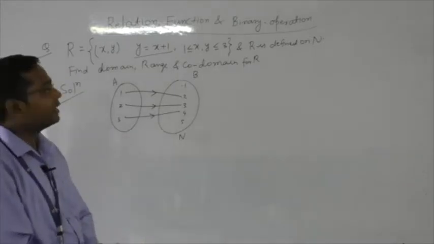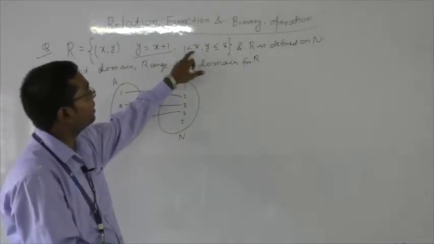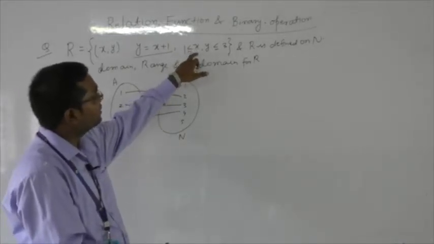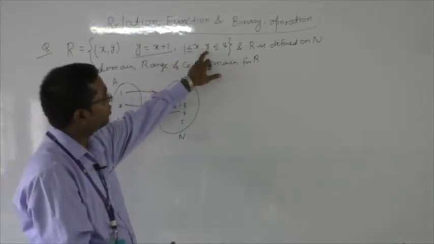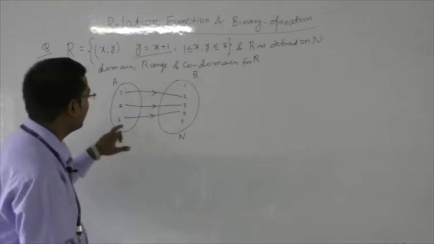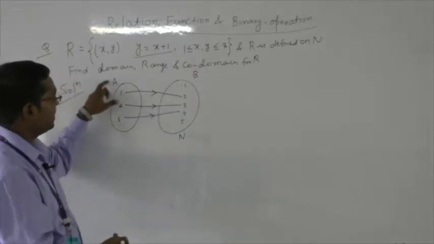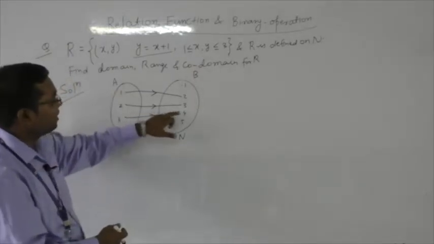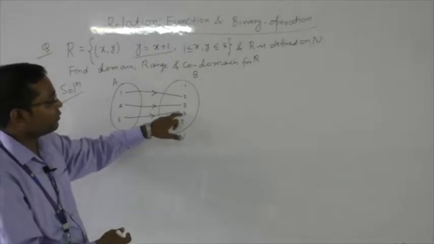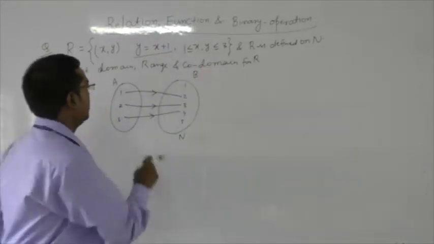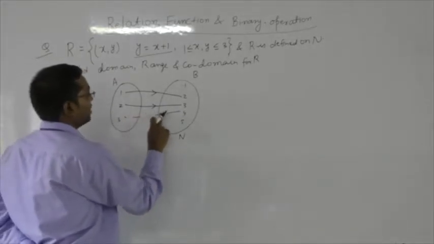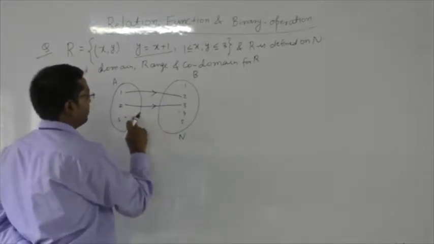But here we have to be careful. The question says the relation is defined where this condition is also satisfied, meaning x and y should belong to 1 to 3. Here if I take 3 in set A, that will not be related to anything in set B. Why? Because we will get 4, and the question says y should not be equal to 4. So this element will not be a part of this relation.